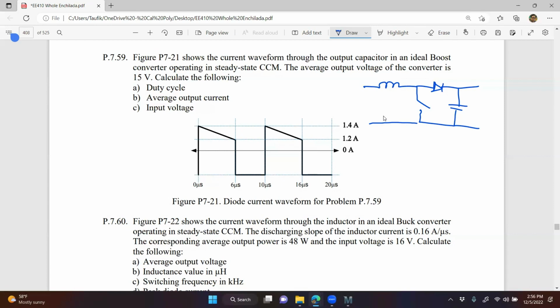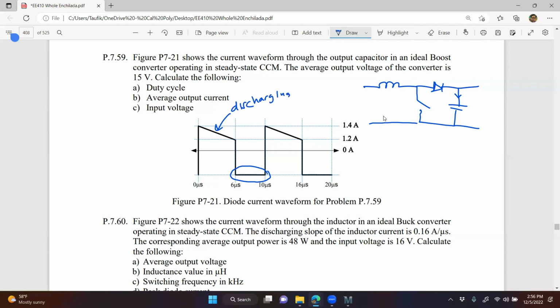But hang on. Figure 7.21 shows the current waveform through the output capacitor. So the duty cycle should be right here. That's 0.4 discharging, right? So the charging path is missing from the diode current.